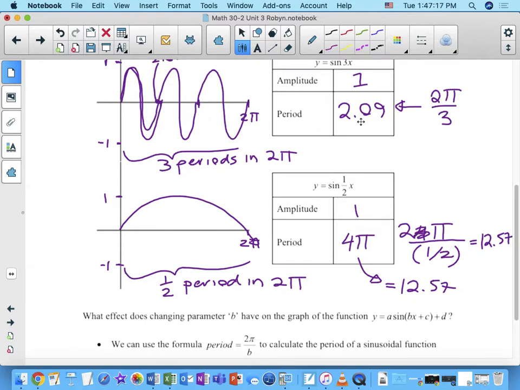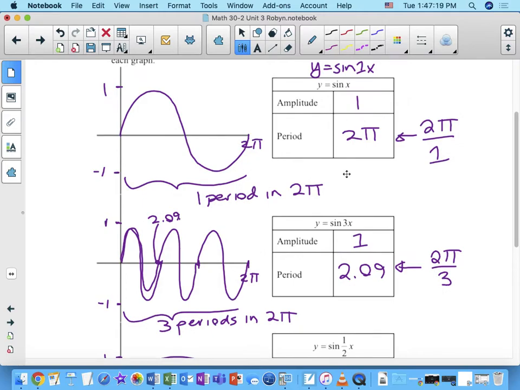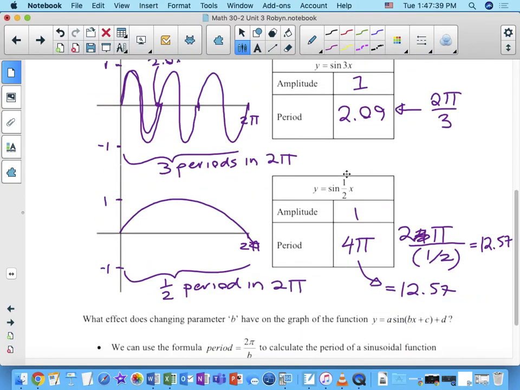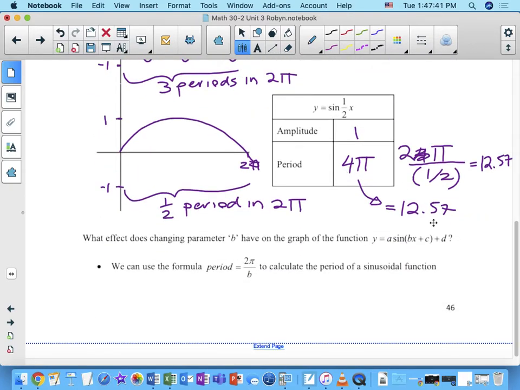In the first one, the b value was 1. Was the period 1? No. The period is 2 pi. Okay. Is b the period? No. Does b affect the period? Yes. Good. Okay, so b is not the period, but b affects the period.